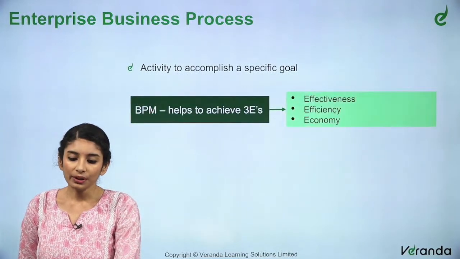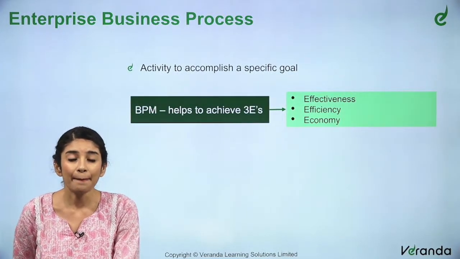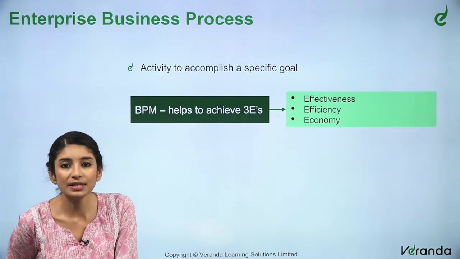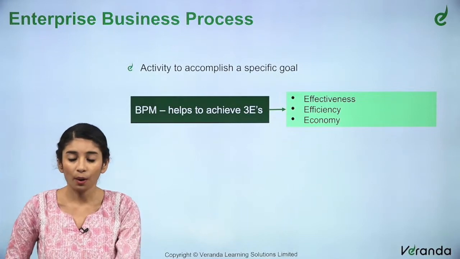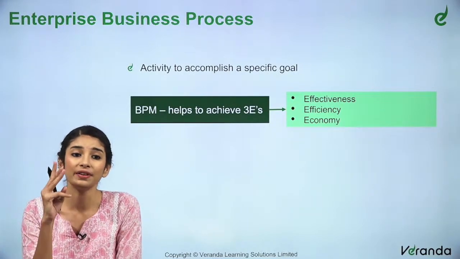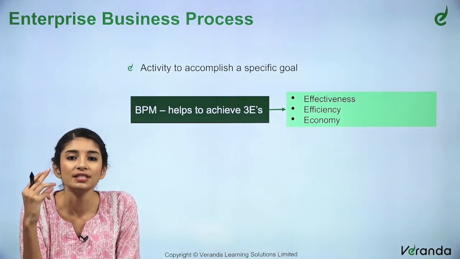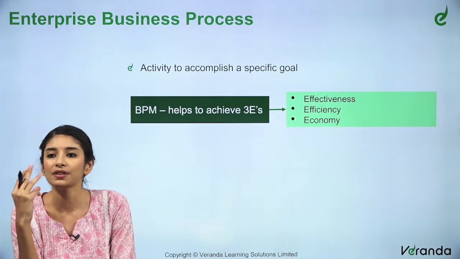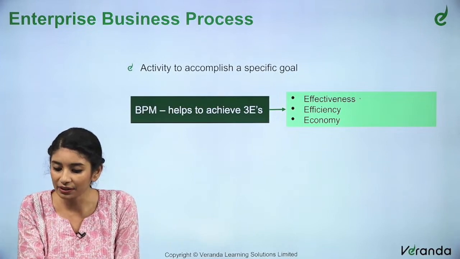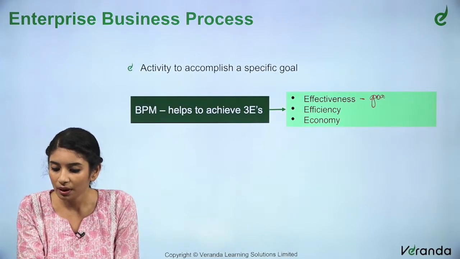With that, we begin with what is BPM. Guys, BPM, Business Process Management. Now, Business Process Management helps in achieving 3 E's: efficiency, effectiveness, economy. You all know that effectiveness means achieving the goal.